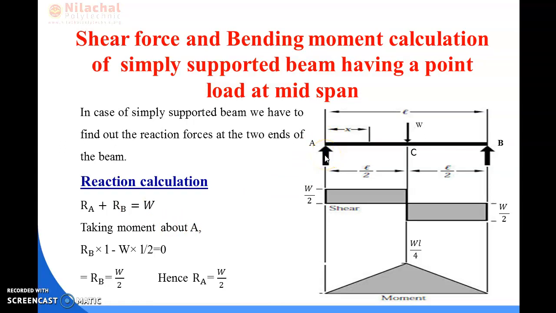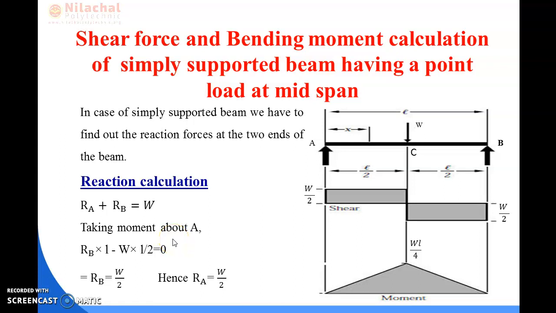So in this section, we are taking the moment about A as 0. So at point A, we will calculate the moment for this point load and this reaction.